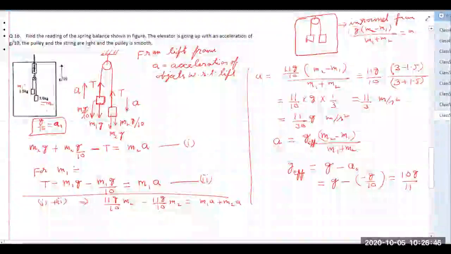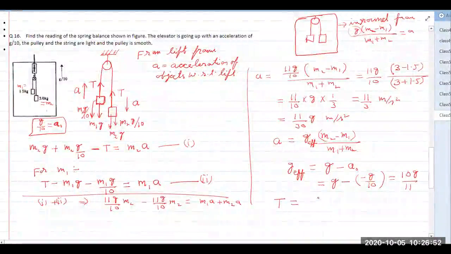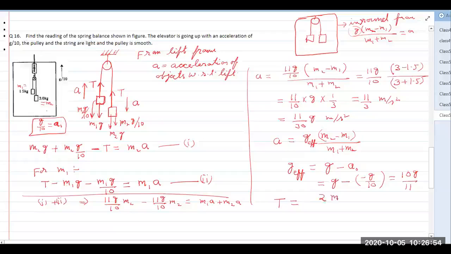After this, we can find the tension. For tension also, we can write a direct equation. How much was the tension? Was it 2 m1 m2 by (m1 plus m2) into g? That was the expression for tension in the string for this kind of system. But here we have to write g effective instead of g.